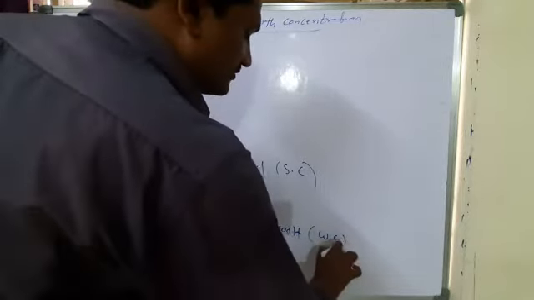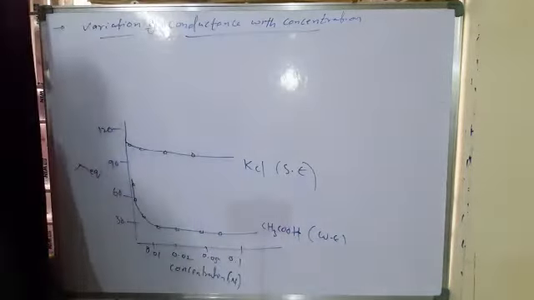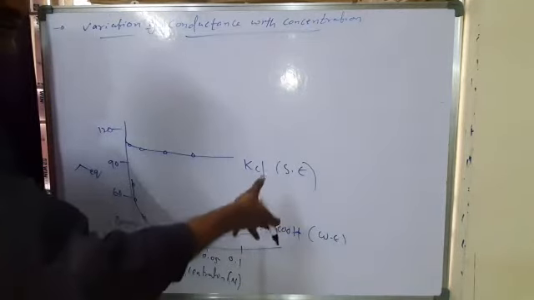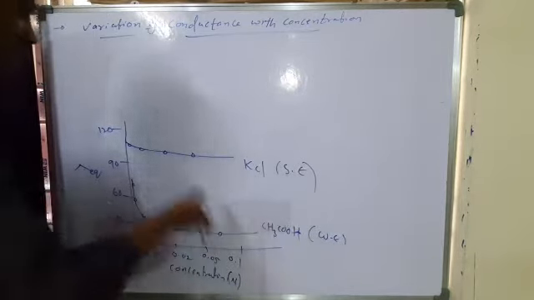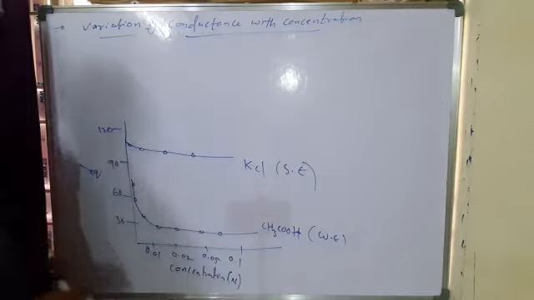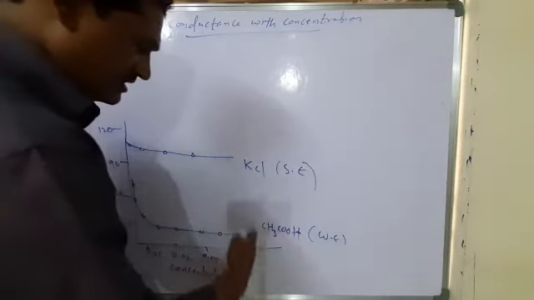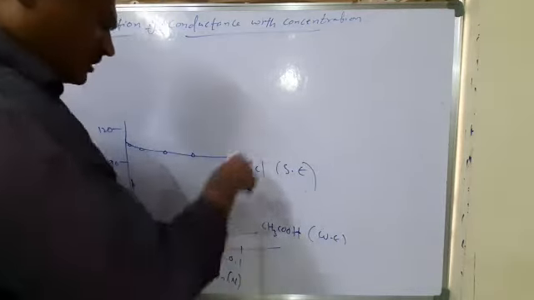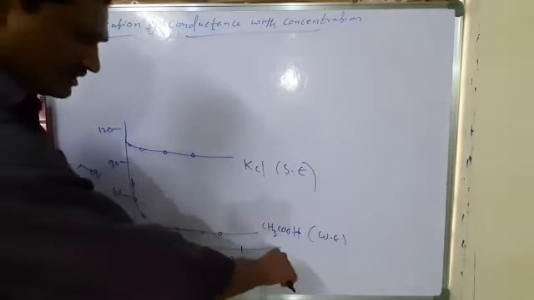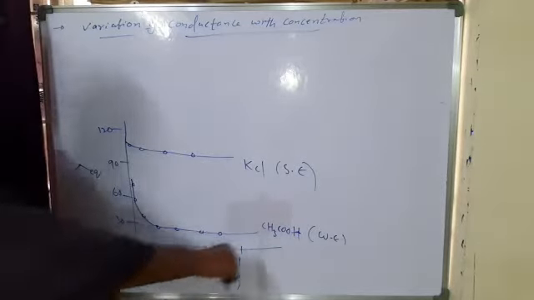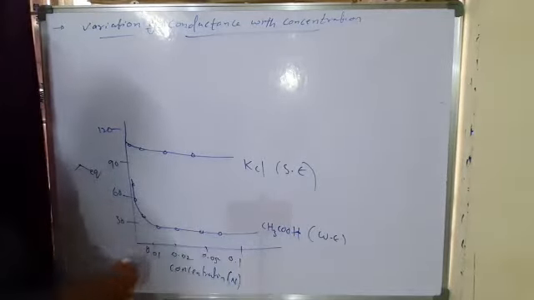With concentration, how does the conductance of these two electrolytes change? See this graph. The right side is more concentration. Upon dilution, upon adding water, the concentration decreases, right to left.